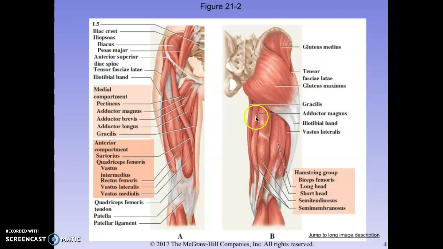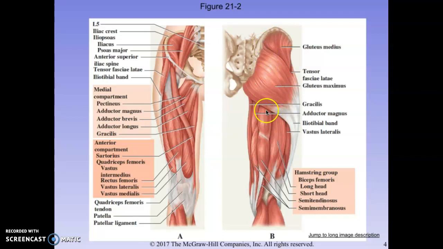Okay, and the way that I remember where those ones are is that the semimembranosus is more medial. Okay, membranosus medial. Okay, and so that is this inside, more medial muscle. Then we have the semitendinosus, and then the biceps femoris is on the outside. Okay, and those are all helping with knee flexion that we'll talk about more next week. But they also do hip extension.